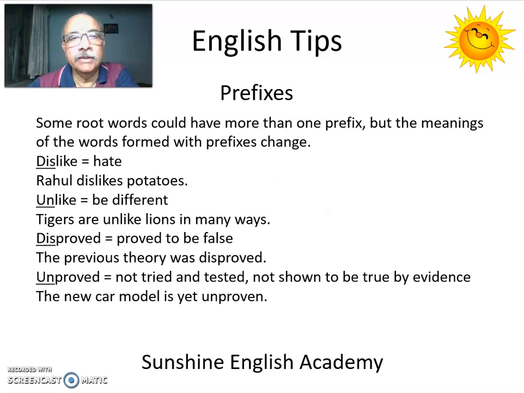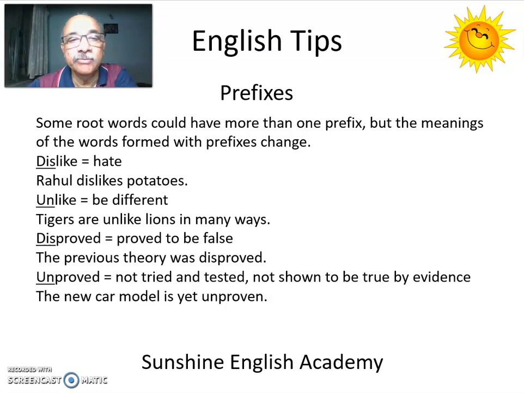Another thing that we need to know is that when different prefixes are used before the same root word, the meanings of the words that are formed along with the prefixes may be different. Let us see some examples here. Let's look at the root word like. So when we use dis before it and form the word dislike, it means hate.